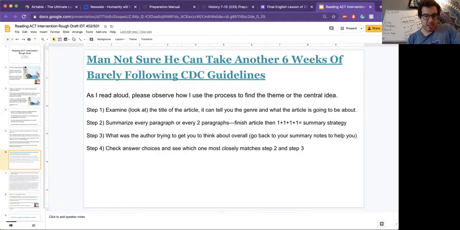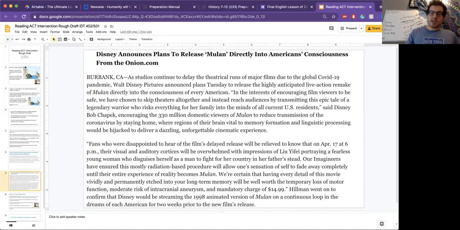Okay. So what I need you to do, I want you to have your notes with the 4 steps out. And I'm going to give you another Onion article. So know that it's from the Onion, know that it's satire, which should help you formulate a summary right off the bat. You guys are going to read this article. Okay, which is Disney announces plans to release Mulan directly into Americans' consciousness, from the Onion.